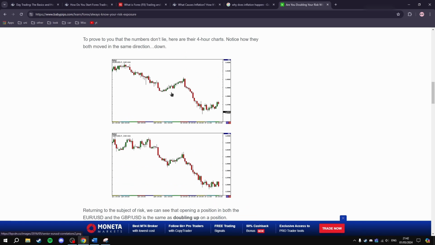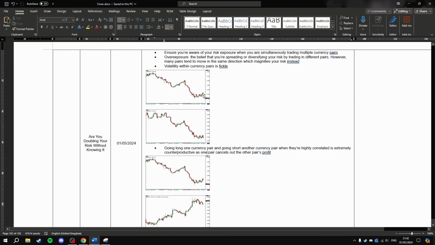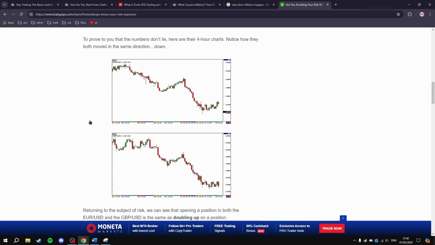Because even if you make a profit by going the opposite positions, they're going to cancel out anyway, and the losing position might make more loss than the winning position. So then overall you're still going to be negative. So isn't it much better to just double up on a position then?